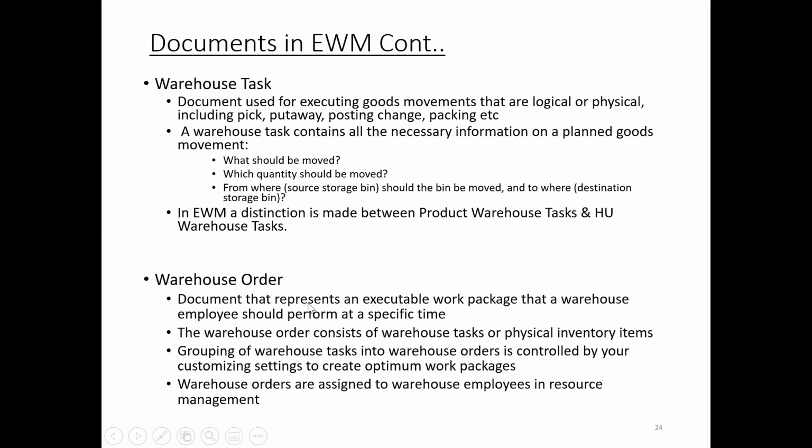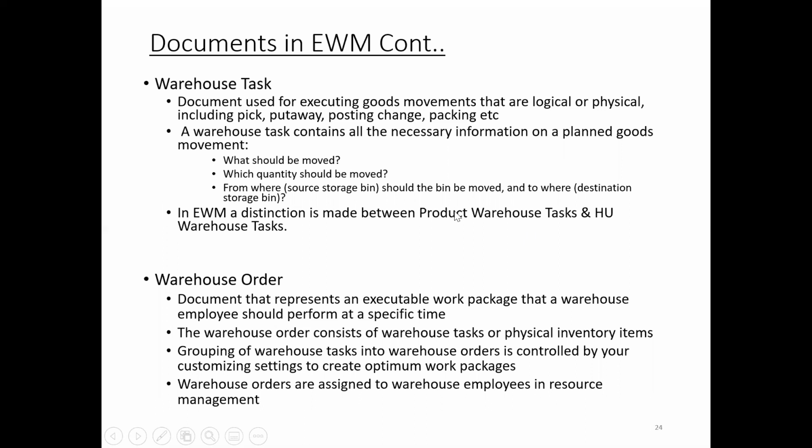But again, we don't have any output types here in the EWM. It is the PPF, the post processing framework. So based on the post processing framework and the condition records in the EWM, it prints the paperwork. So the warehouse order is printed and taken to the shop floor by the warehouse operator.